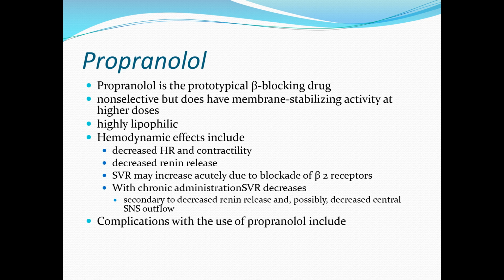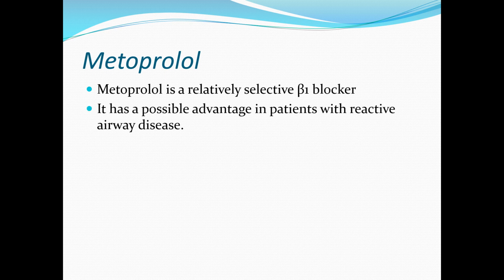Some complications associated with propranolol include bradycardia, heart block, worsening of CHF, bronchospasm, and also a little bit of sedation. And metoprolol is the more selective beta 1 blocker, and particularly useful in patients with reactive airway disease because propranolol can cause bronchospasm in them.